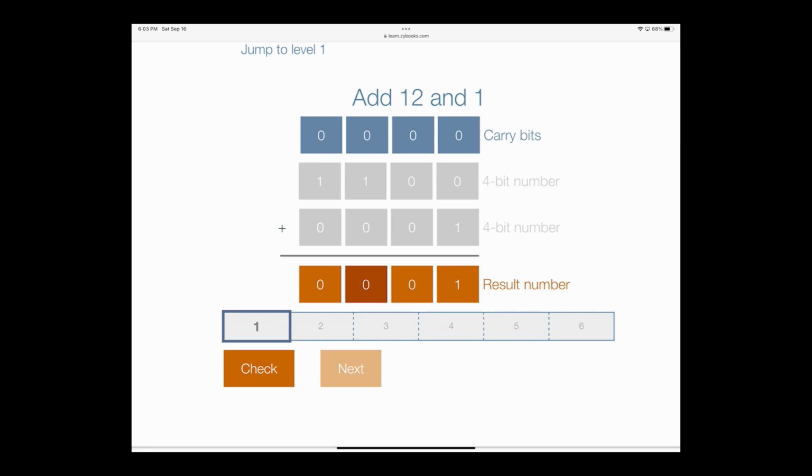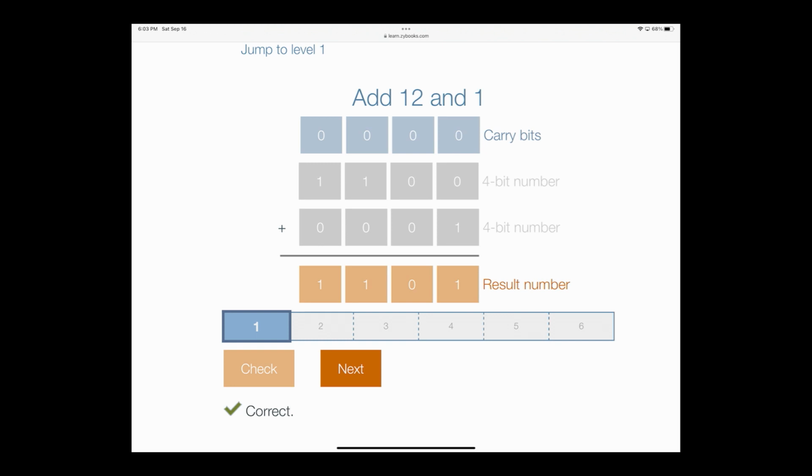So 0 plus 1 plus 0 is 1. So you put a 1 in there. There's nothing to carry. Move on to the last row. We just have 0 plus 1 plus 0 again. So this is what we get, 1, 1, 0, 1 for our result. If we check this answer, it's correct.